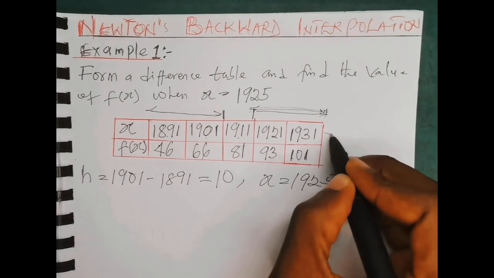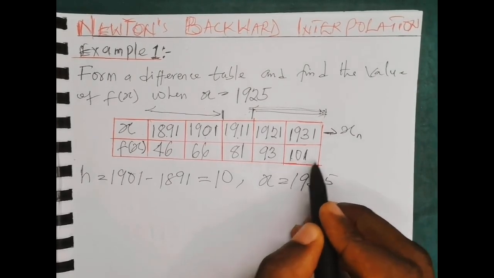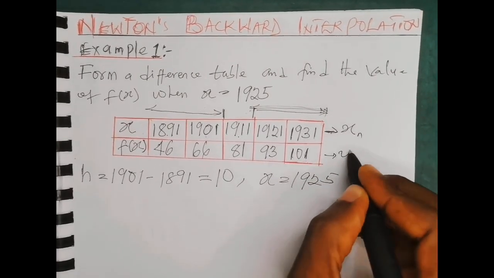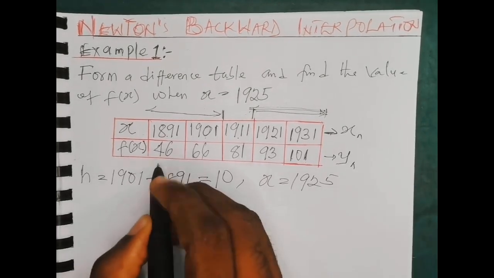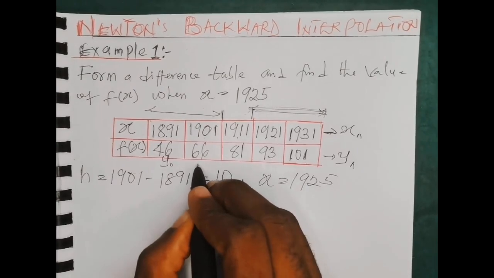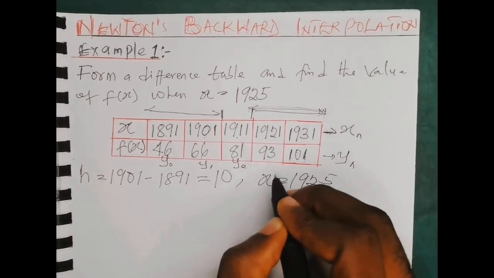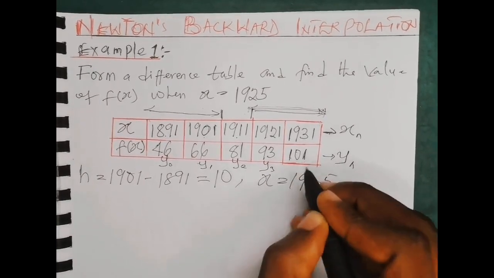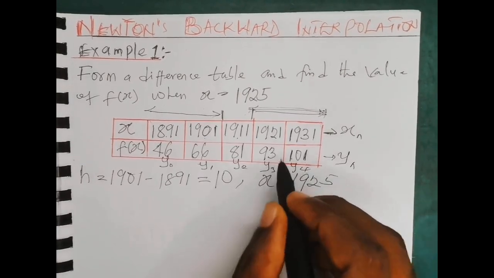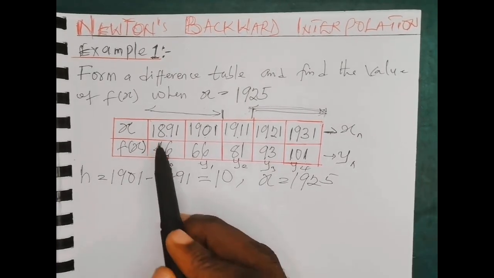Same thing as y, the last value of y is termed yn. So the first value of y is termed y0, the second value of y is termed y1, the third value of y is termed y2, the fourth value is termed y3, and the fifth value is y4, which can otherwise be called yn. Same thing happens with the values of x.